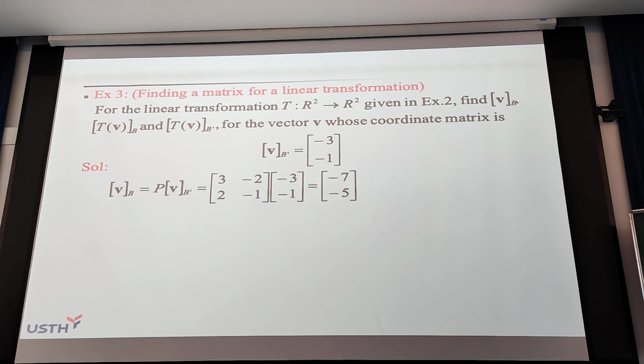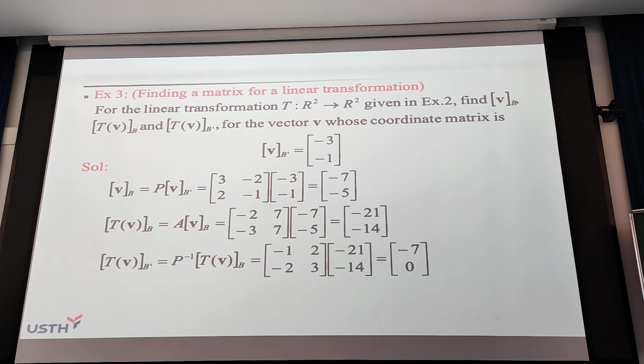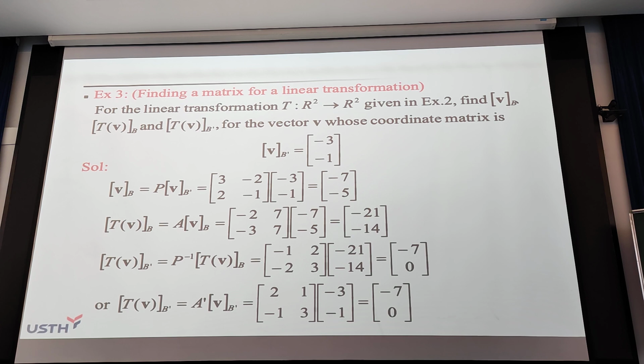We know already the coordinate of V relative to B to be Z1, and then T of V relative to B equals A multiplied by the coordinate of V according to B, and you get Z1. And if you do it with the basis B prime, you get Z1. So Z1 and Z1, they are the same vector, but the coordinates in different bases. You can verify anything here.